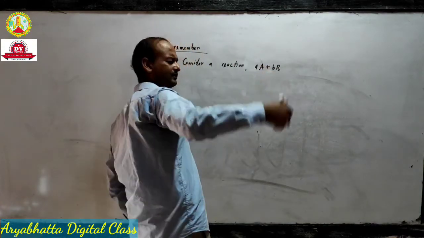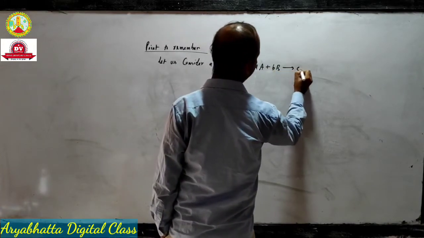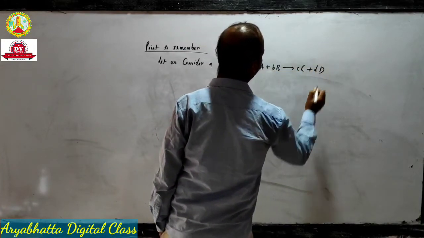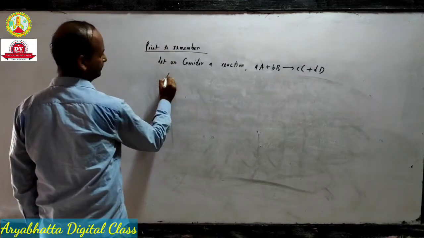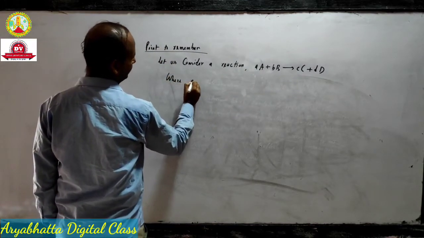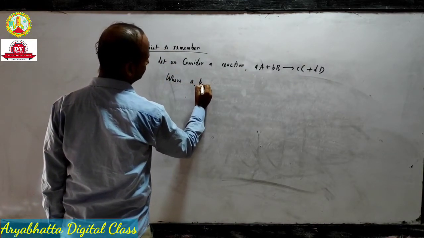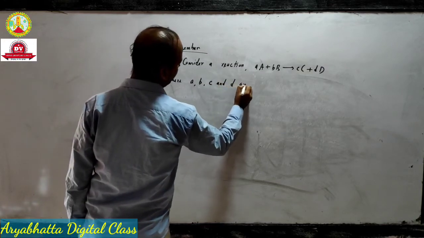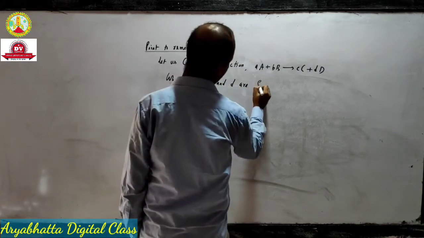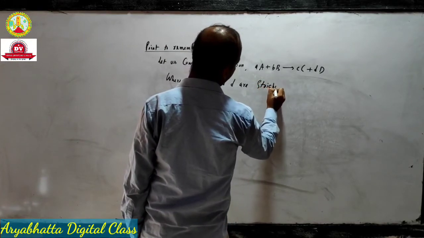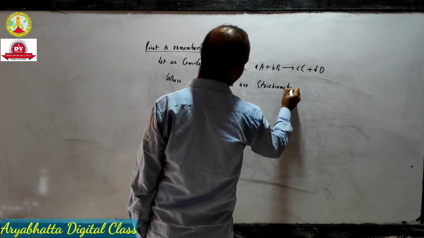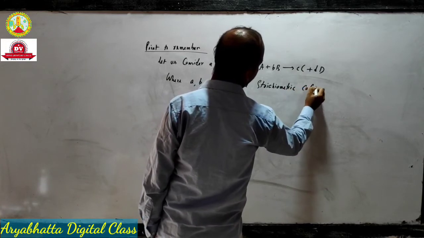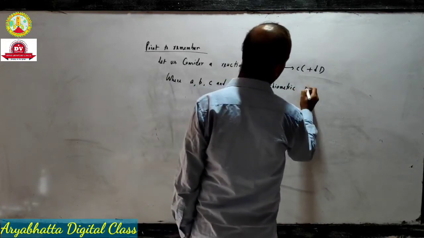Here a, b, c and d are the stoichiometric coefficients.